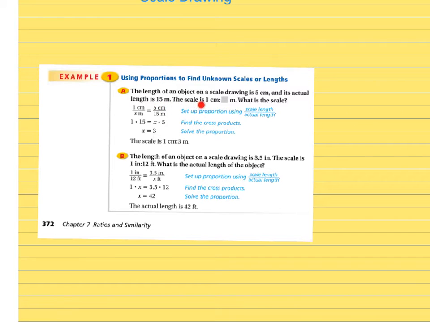So obviously the scale is 1 centimeter to how many meters? What is the scale? The point here is to find how many meters in the actual length of the figure every centimeter in your drawing equals. So let's try to solve it by using this process.